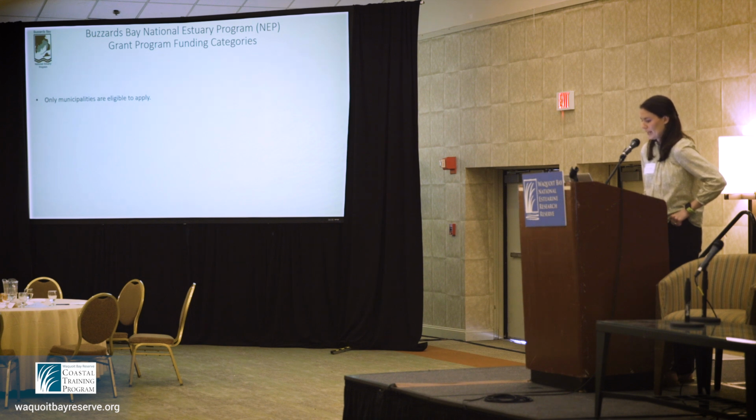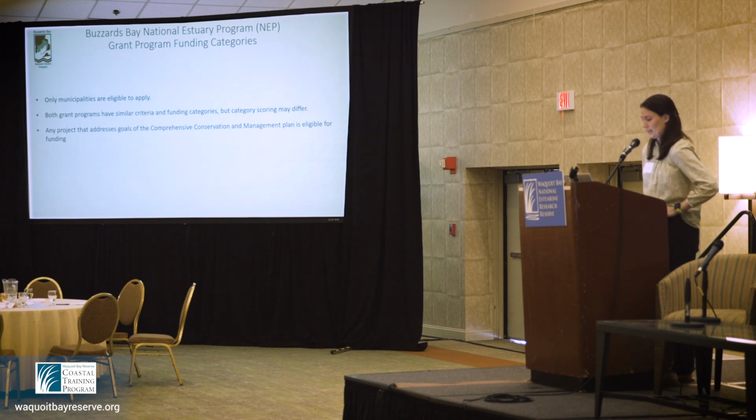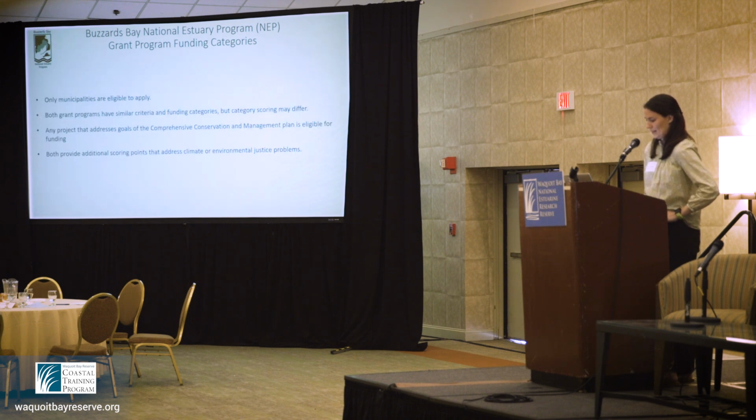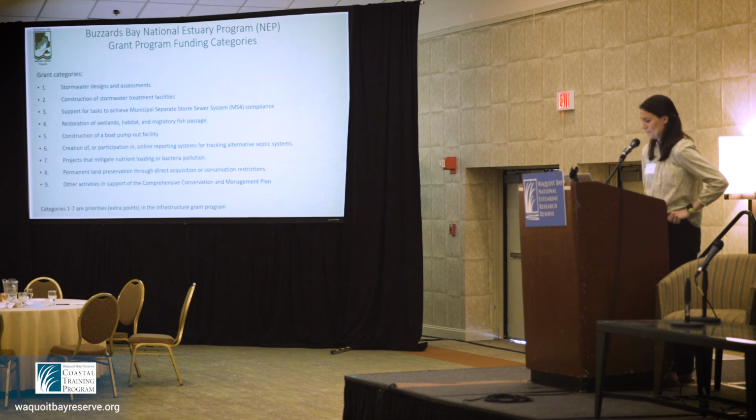Generally, municipalities are eligible to apply, and they have similar criteria between those 2 grant programs, but scoring might be different. Any project that addresses goals of the Comprehensive Conservation and Management Plan is eligible for funding. And addressing climate or environmental justice problems is big. And then here we have listed the 9 grant categories within their program.